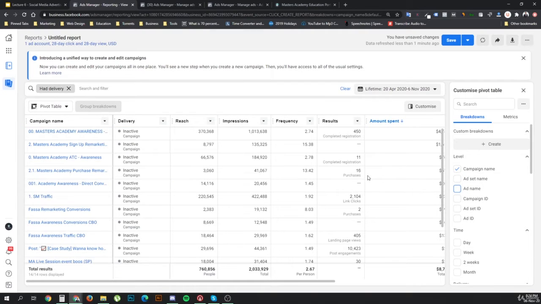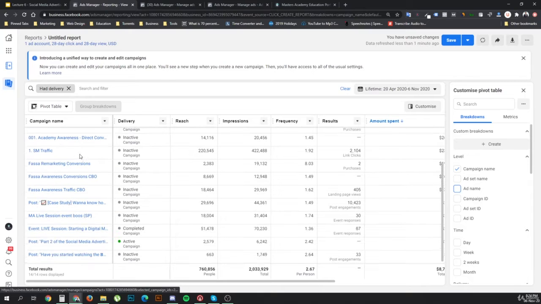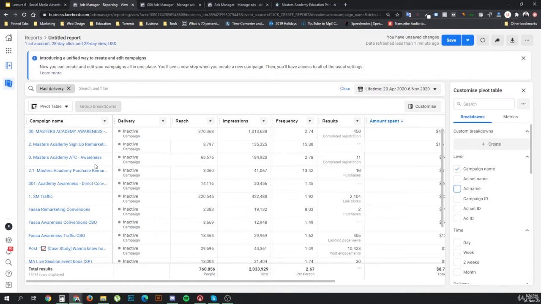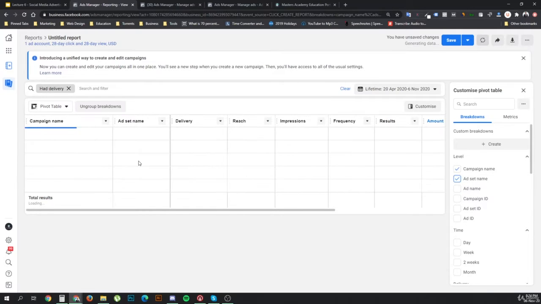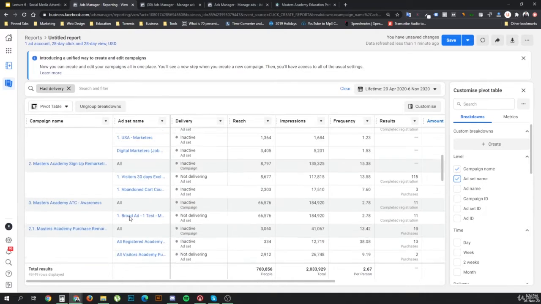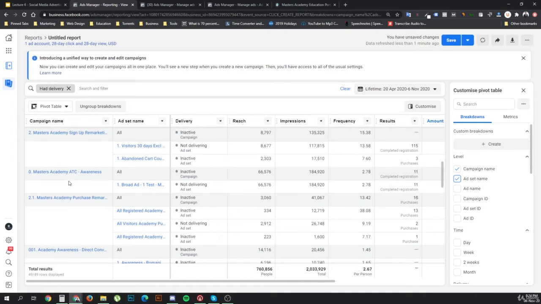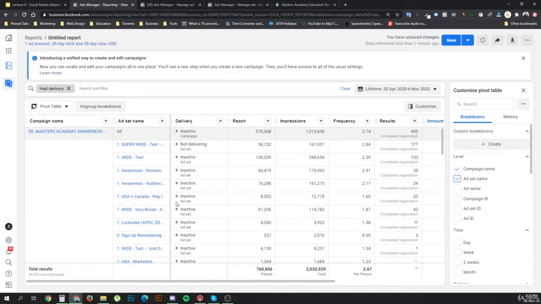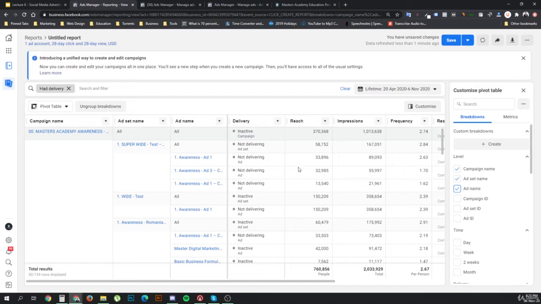If we just select the campaign name as a breakdown, we will see all the campaigns over here, right? And if we want to see the ad sets inside of each campaign, we can take a look at the campaign, take a look at all the ad sets, and then the next campaign and its ad sets, and so on. And if we really want to go deep, we can also go with the ad names as well.